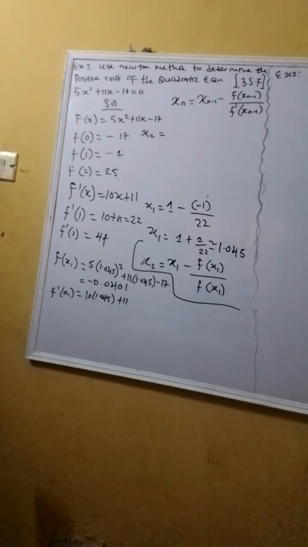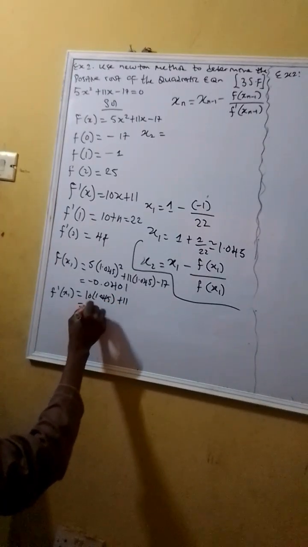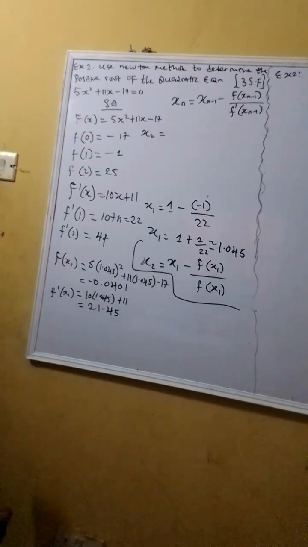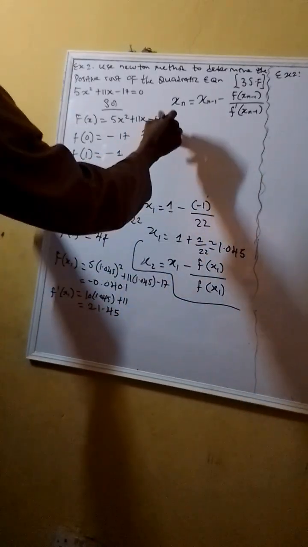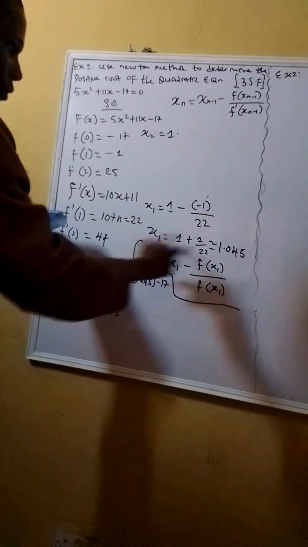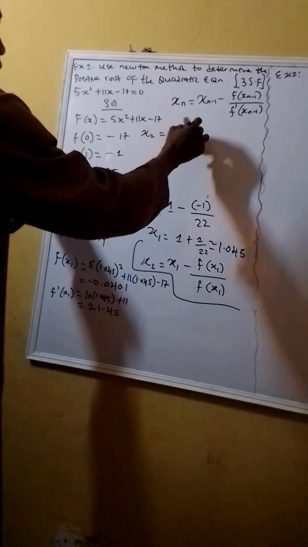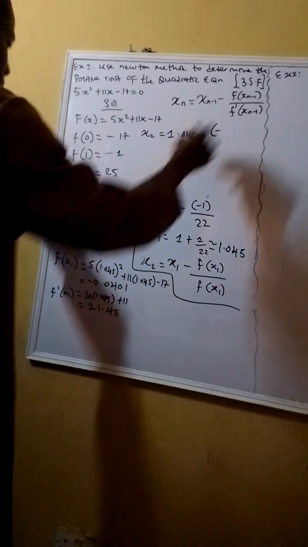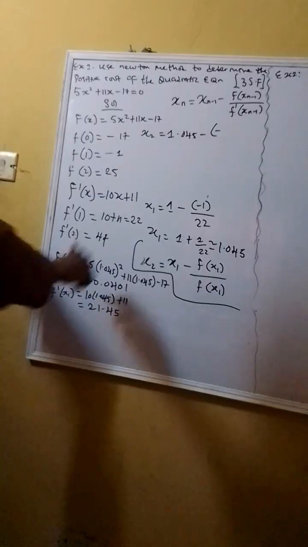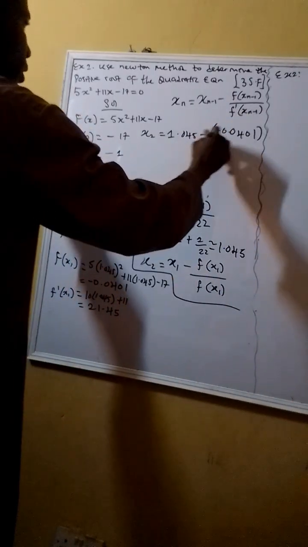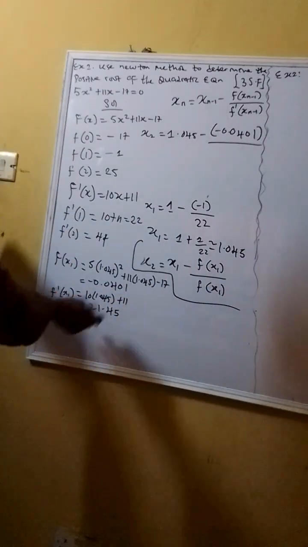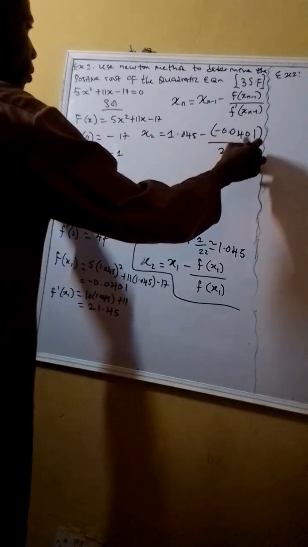So 10 into bracket 1.045 gives us 10.45. Then plus 11, you have 21.45. So while finding our x2, that will equal your x1, which is 1.045, minus into brackets minus our function of x1, 0.0401, divided by the differentiation, which is 21.45.